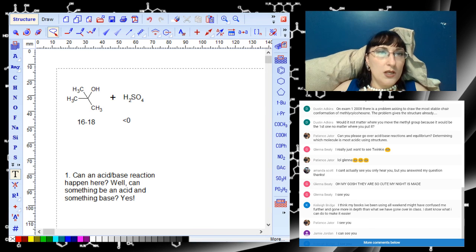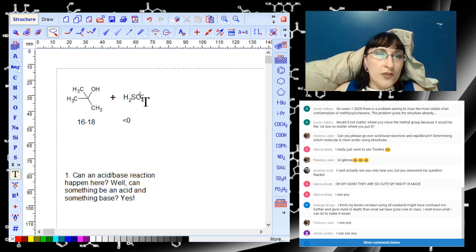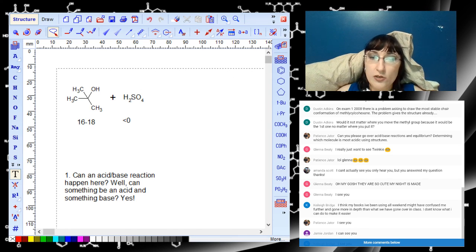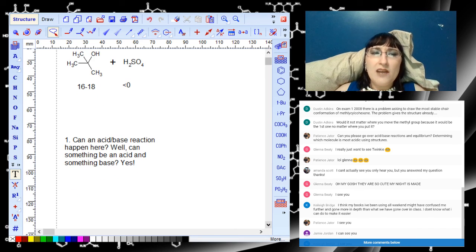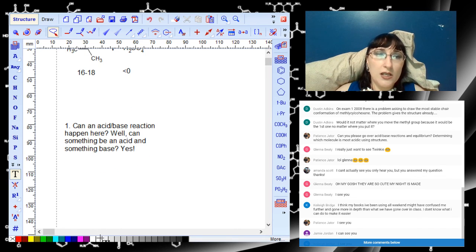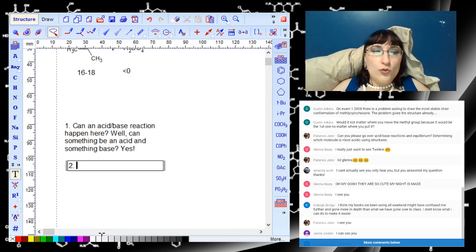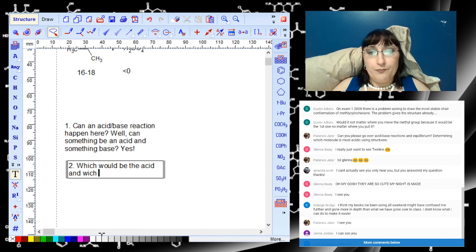So then the question is, if I have these two molecules in a system, both of them in theory could act as an acid, but I have to figure out which one's the most acidic, right? So number 2, which would be the acid and which would be the base?